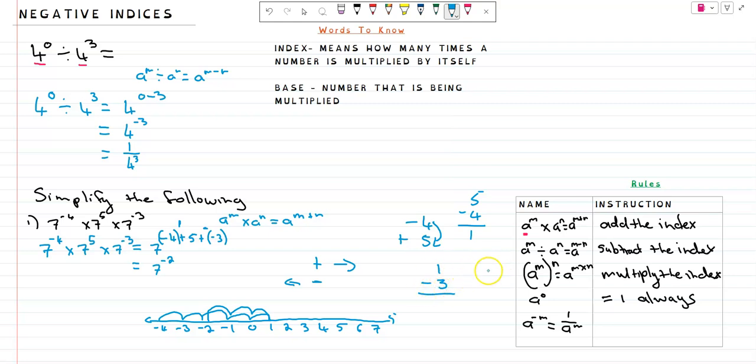You also swap them around, but because this symbol is negative, you keep the symbol. Same with this one. This one is positive, so you keep the symbol. So you swap them around: 3 minus 1 gives us 2, but we keep the symbol. That is another way that you can solve this equation.